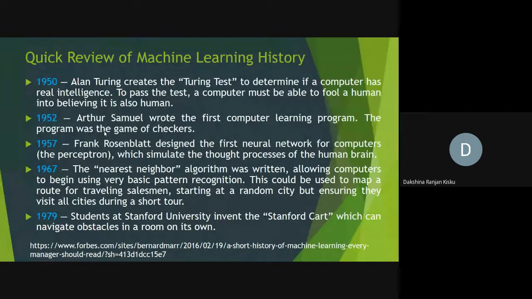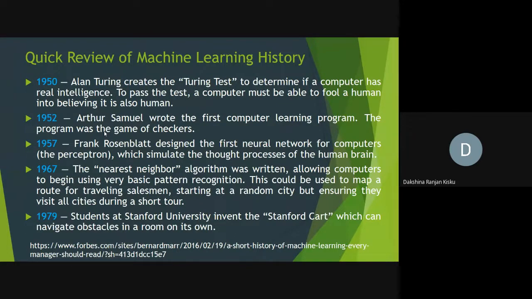Now, another person was standing outside both the rooms, but he cannot see either the machine or the human kept in the other room. The person standing outside both the rooms will try to get engaged in conversation with both the machine and the human being.